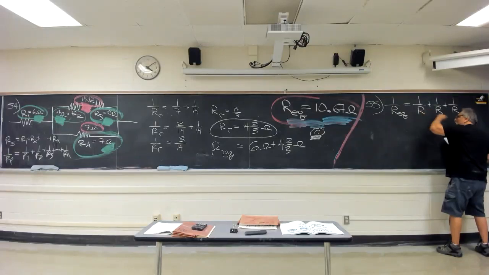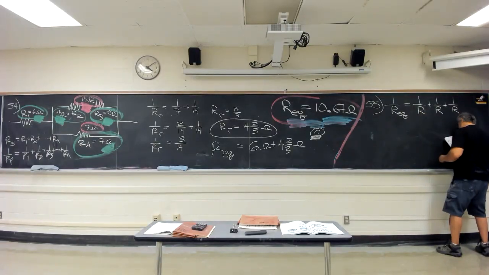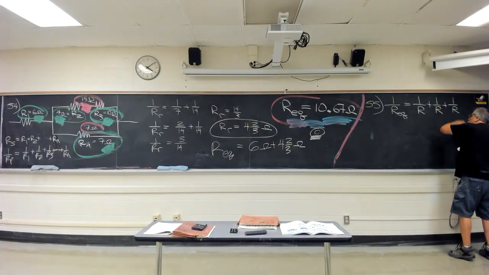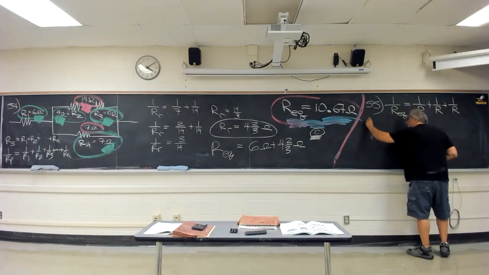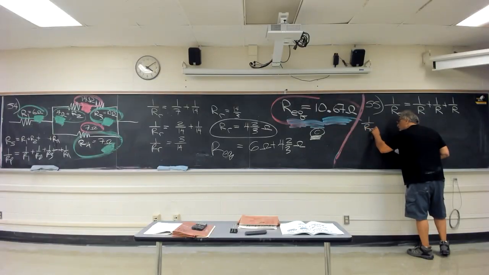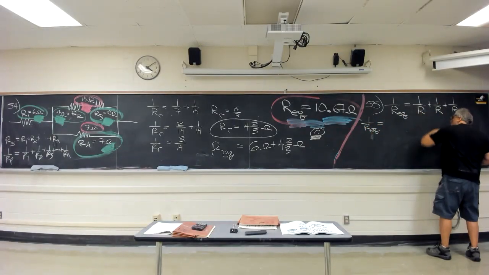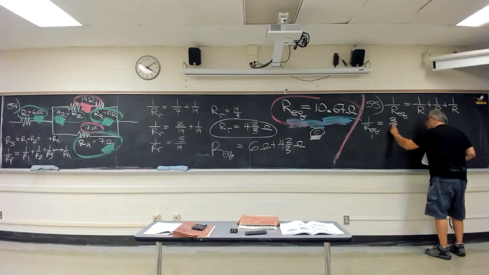We'll call R the 4 ohms we're talking about. Well, let's not worry about that just yet. Let's just do this: 1 over R plus 1 over R plus 1 over R is 3 over R.